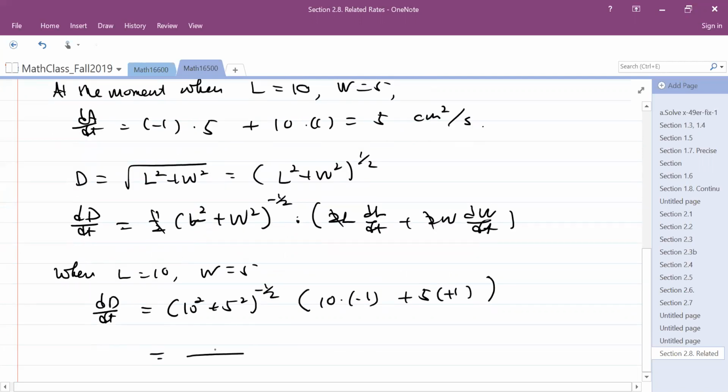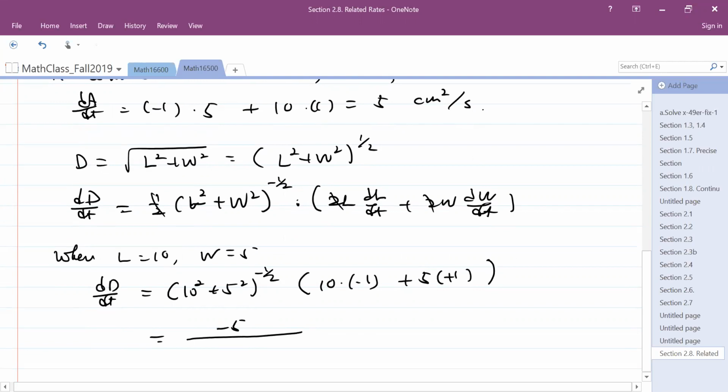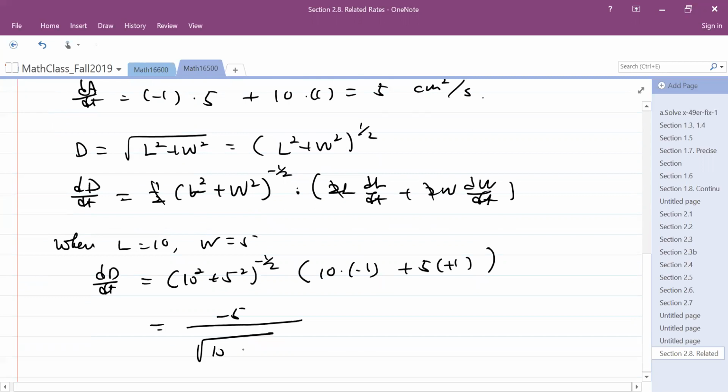So the numerator is going to be -5. The denominator is going to be the square root of 10 squared plus 5 squared, right? You can take a 5 squared out. If you take a 5 squared out, 10 over 5 is 2, 2 squared plus 1 is 5. Okay. So you will get this in centimeters per second. Okay, what does it tell you?